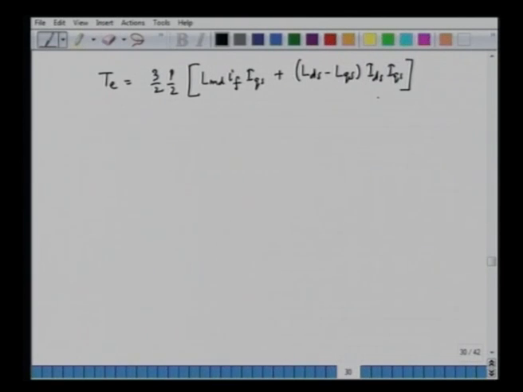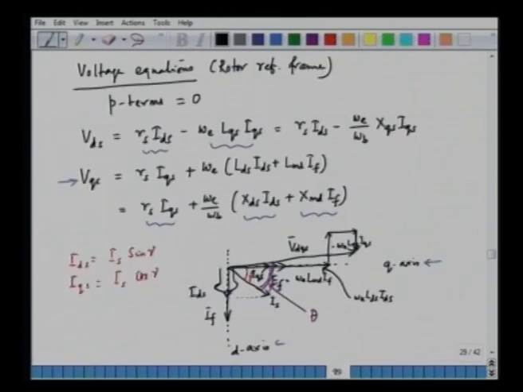Now, if we express this in terms of, let us say, IS only, we can also say that this is equal to 3 by 2 into P by 2 into LMD IF. What is IQS? IQS is given as IS into cos gamma, that we have already seen what is gamma here. Gamma is the angle between IS and the q axis.